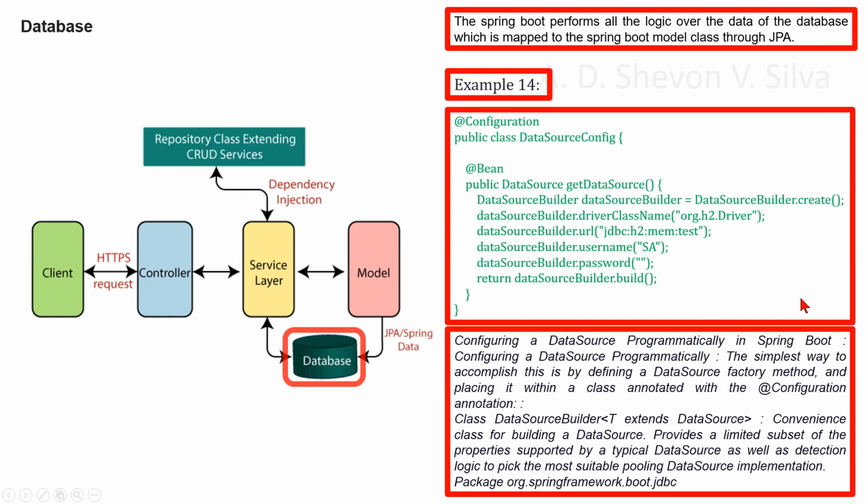At times we will need a higher level of customization, so we will have to programmatically configure our own database implementation. The simplest way to accomplish this is by defining a data source factory method and placing it within a class annotated with the @Configuration annotation.